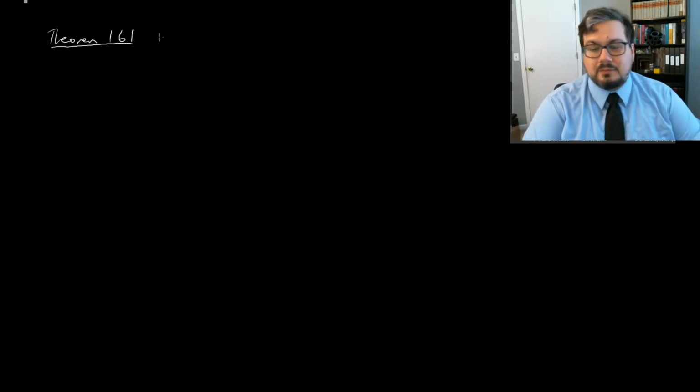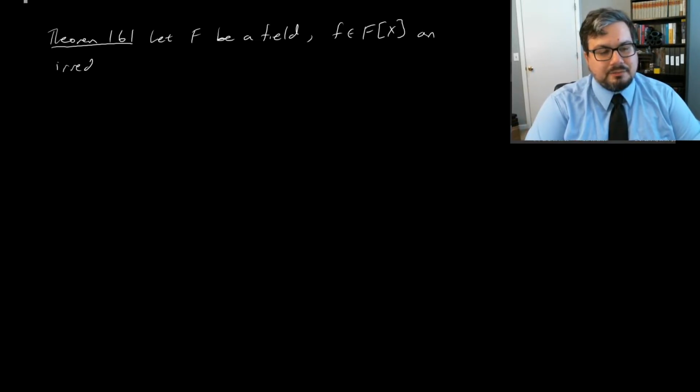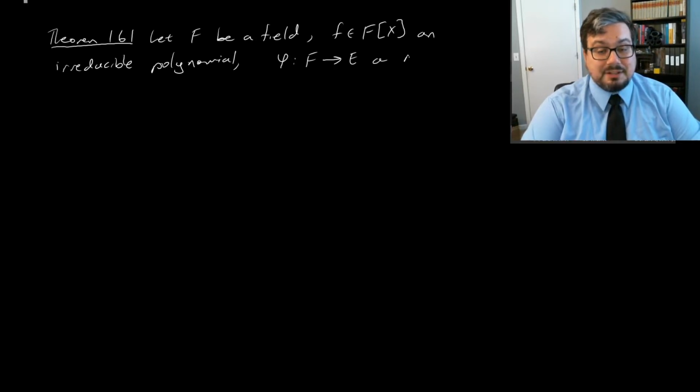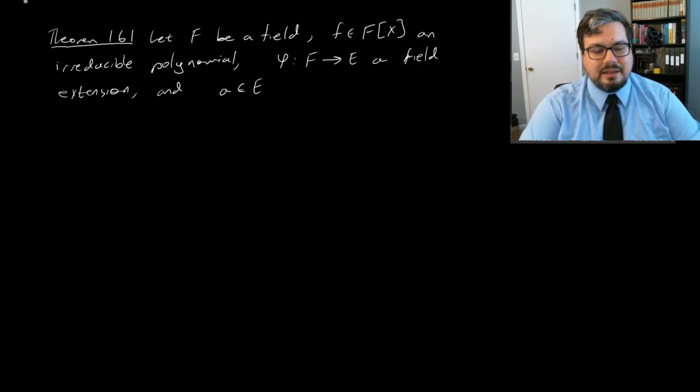So let F be a field, little f inside the polynomial ring over the field F an irreducible polynomial, phi from F to E, just any field extension, and a in E, a root of f.